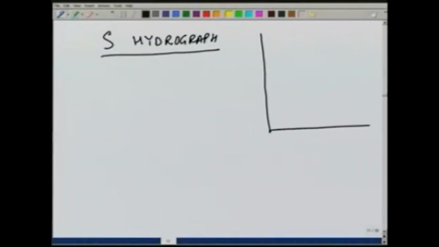So, if the rainfall occurs for a very long time uniformly over the entire catchment, then the resulting DRH would be called S hydrograph, and typically it looks like this, and since this looks like an S, that is why the name S hydrograph or S curve.